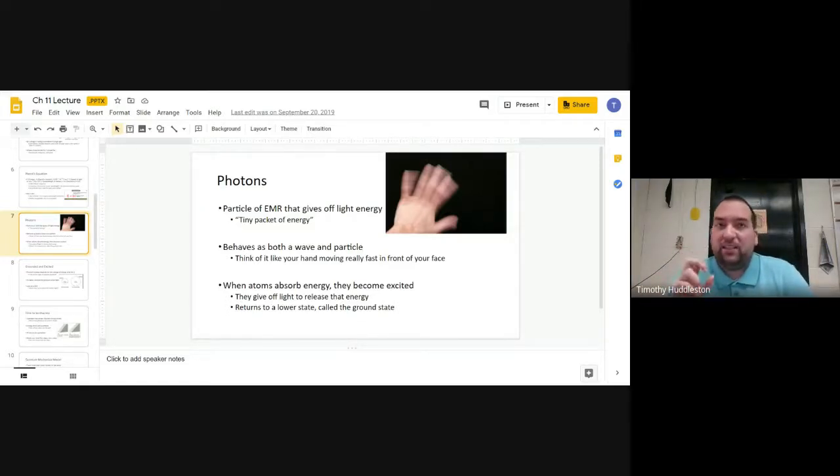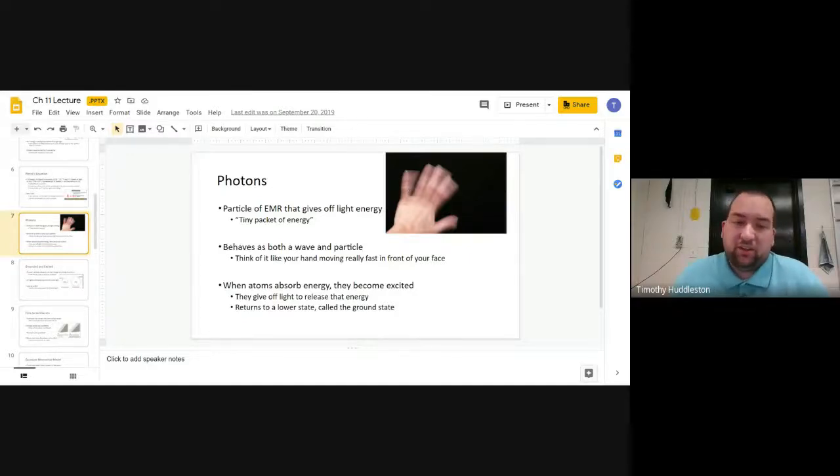Those atoms get excited for a split second, but they don't like being excited, so they have to release that energy. The way they release that energy is they give off photons. When they give off photons, they give off light, and most lights, if not all lights, will give off heat. That's why when you put your hand next to a light bulb, it feels hot.